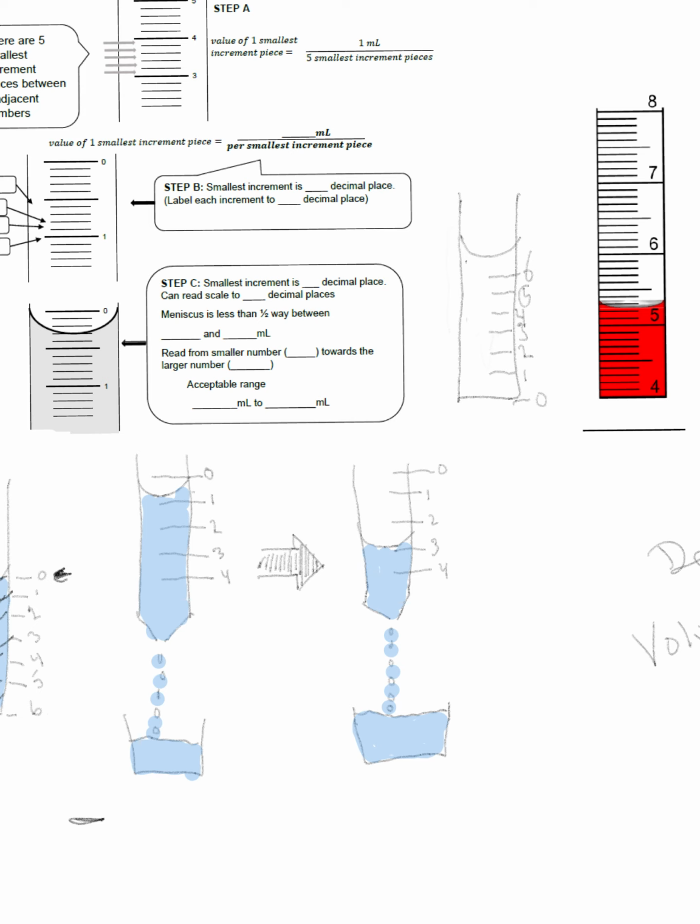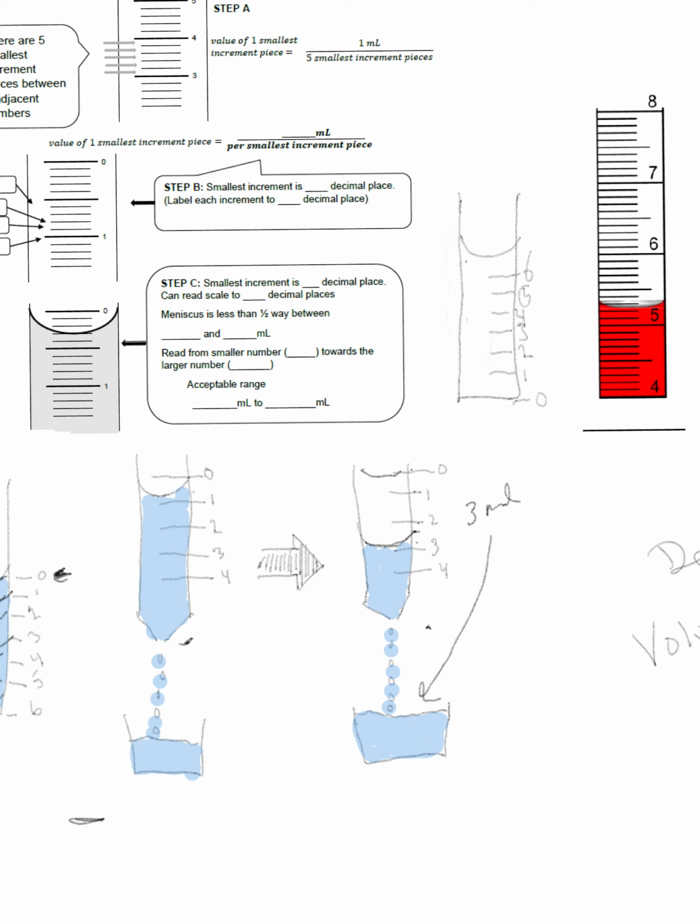So if I go from this one over to this one, you can see that more liquid has left this. I've gone from 0, 1, 2, 3, so about 3 milliliters has left it. Those 3 milliliters have gone into here. So I've measured the liquid as it's going out.